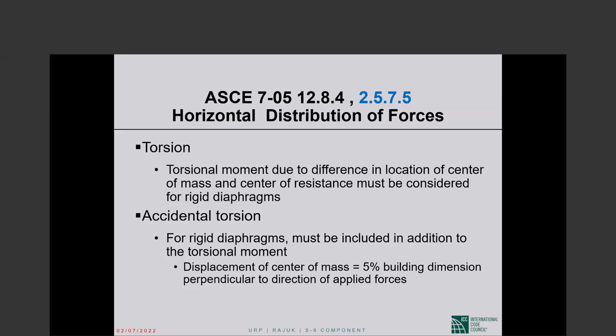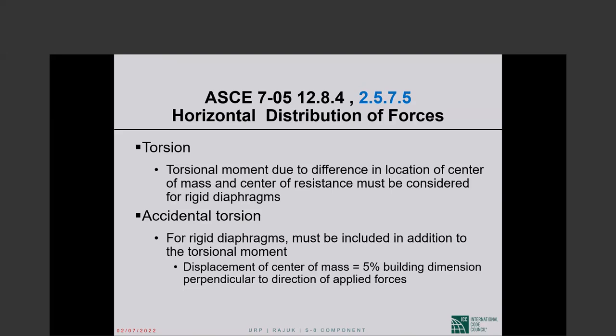And the accidental torsion is the story shear multiplied by 5% of the plane dimension perpendicular to the story shear.